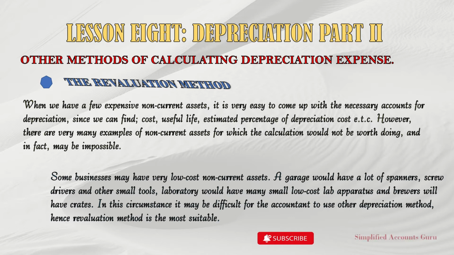If you take it to the market, how much can it fetch you? So that becomes the value of that asset. The process of doing that is what we call the revaluation process. And by allocating the value to an asset using that kind of approach, that is what we call using the revaluation method to know the depreciation expense.